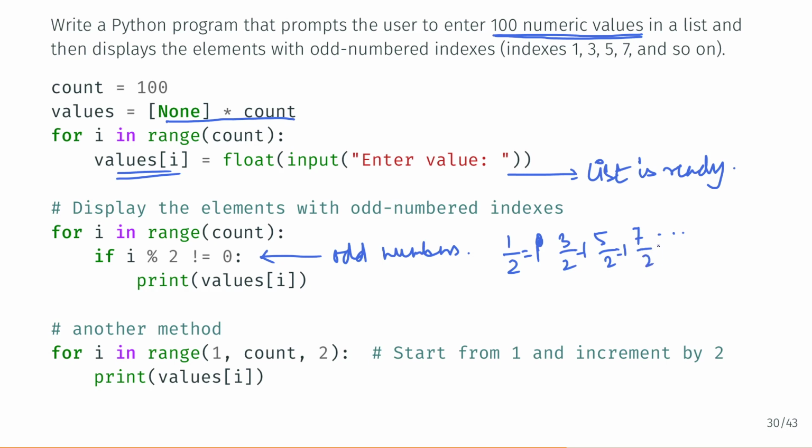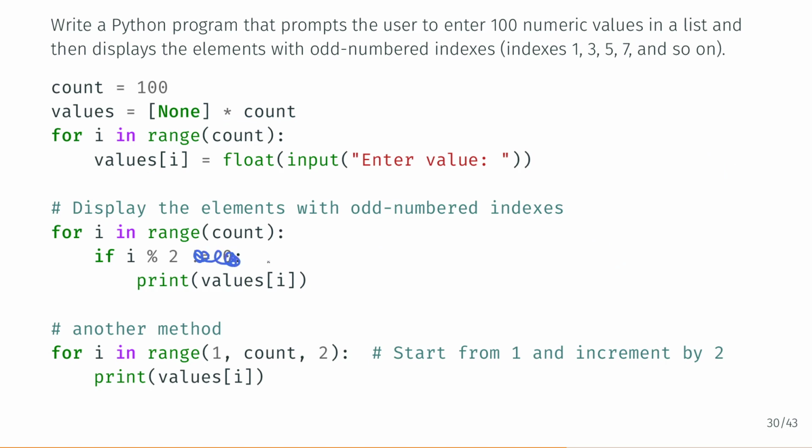So you could also say if i modulo 2 is equal to 1, then you print the value, because if you divide the number by 2 and it gives a remainder of 1, it would mean that the value must be odd.